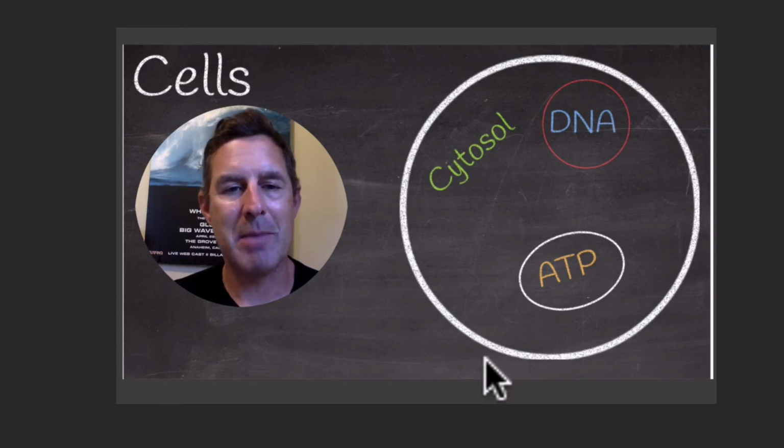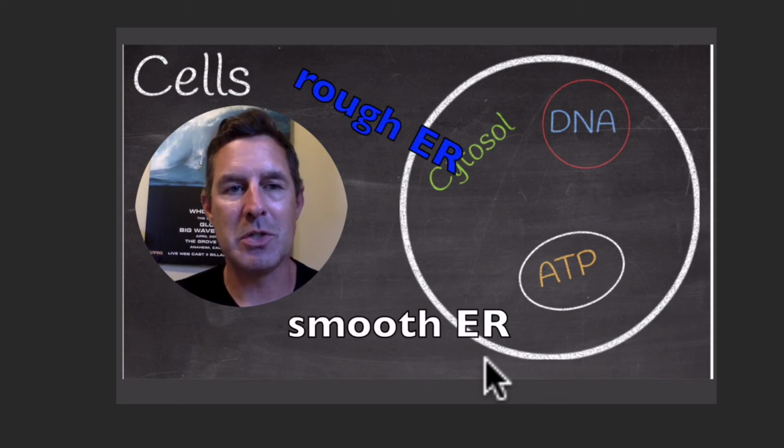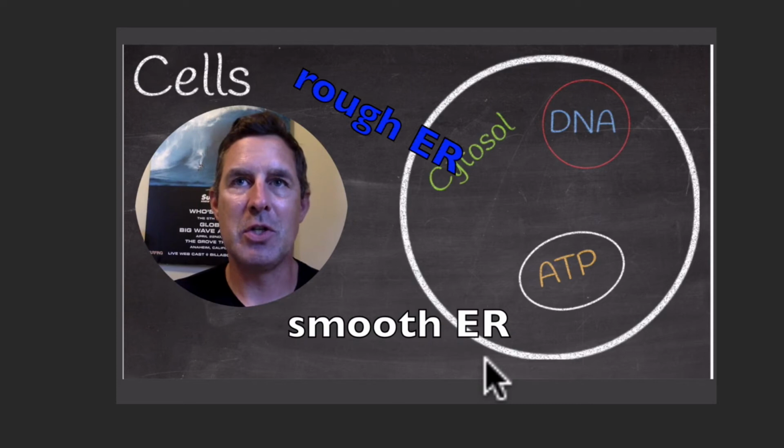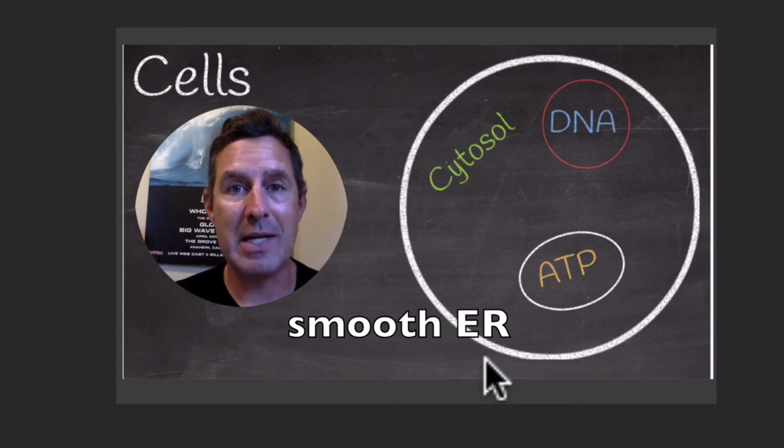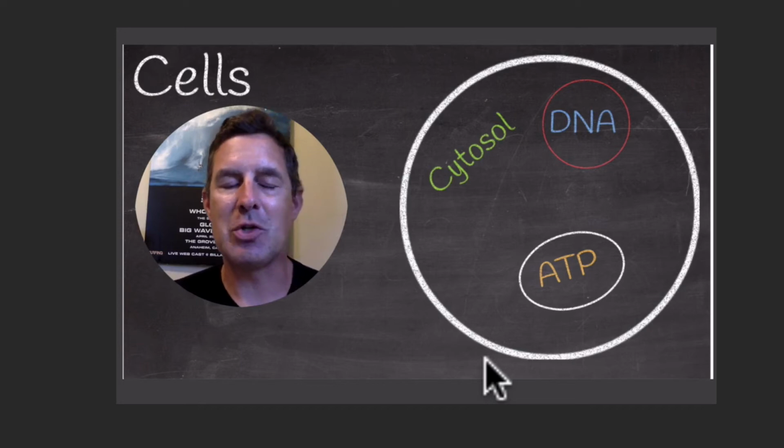The rough endoplasmic reticulum produces proteins, whereas the smooth endoplasmic reticulum has a couple of different functions depending on what cells of the body we find it in. But the smooth endoplasmic reticulum synthesizes lipids, but probably most important for our discussion in subsequent videos is the storage of calcium in the smooth endoplasmic reticulum. So we will detail all of those as we move forward.